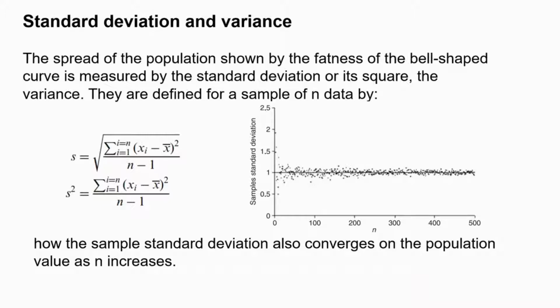So the sample standard deviation also converges on the population value as the value of n increases. This is very important. For example, in this figure you can see the sample standard deviation, which is 1, and after 500 measurements some data lie above and some data lie below this sample standard deviation line.